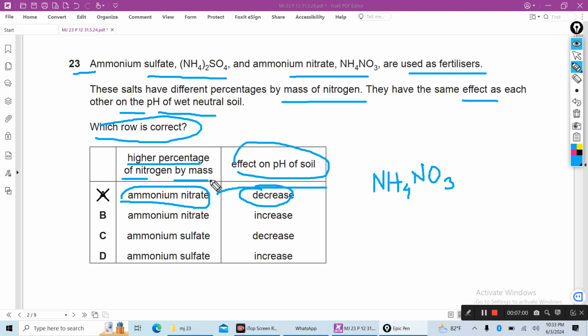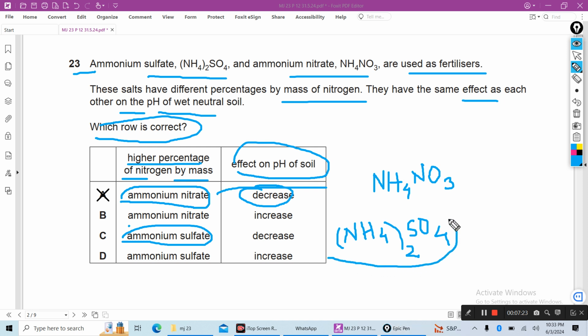Higher percentage of nitrogen by mass, and ammonium sulfate, this formula will be (NH4)2SO4. So ammonium sulfate will have greater molecular mass.